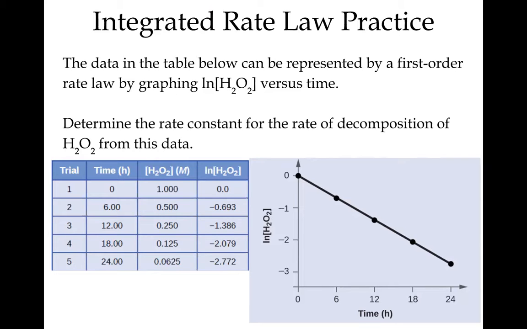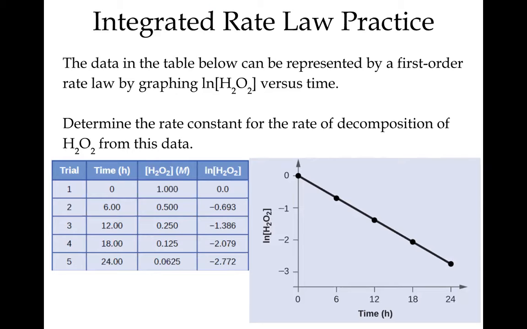So again, slope and k: negative k equals slope. Slope is a change in y over change in x. k is going to be the change in the natural log of the concentration over the change in time.